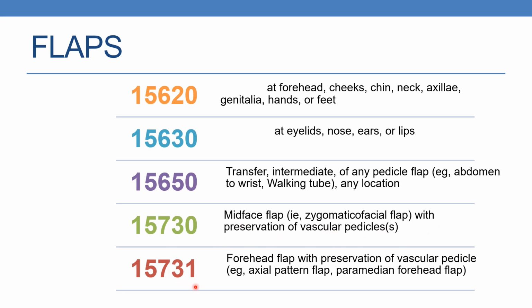The next is 15731, forehead flap with preservation of vascular pedicle. Examples, axial pattern flap and paramedian forehead flap, are reported with CPT 15731.